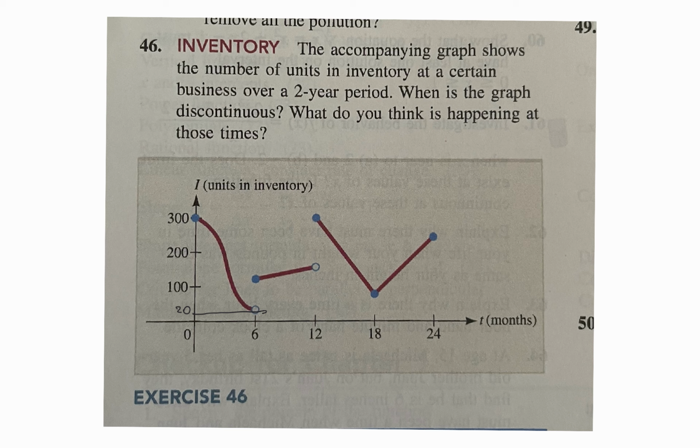So this part is something very similar. Here, when it happened at 12 months, you increase your inventory, and when there is 12 months, nothing happened. The function is not defined. So when you approach the last second of the 12 months, the value of the function is more or less 100 and maybe 50.